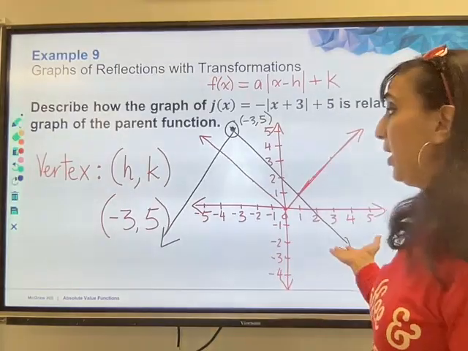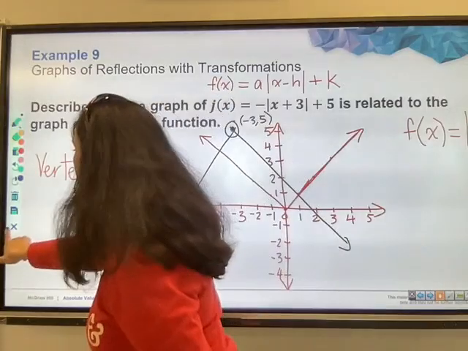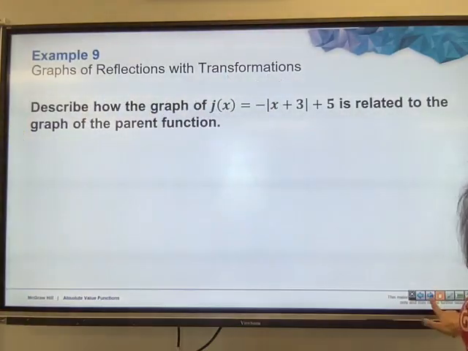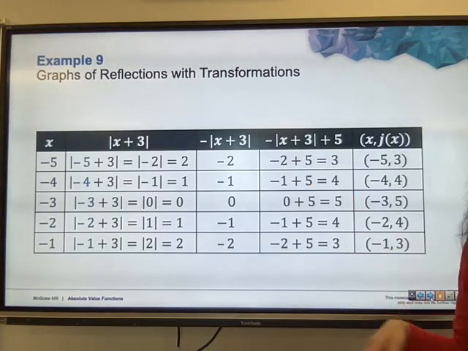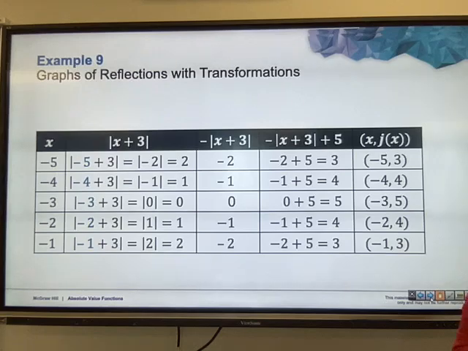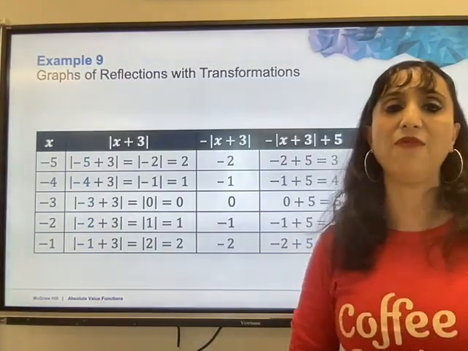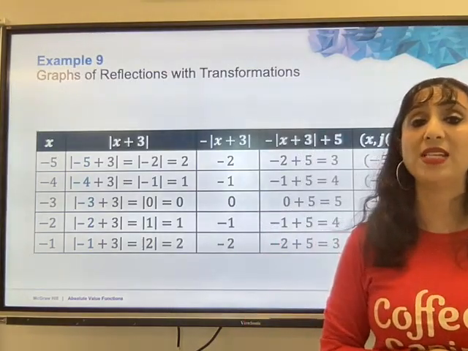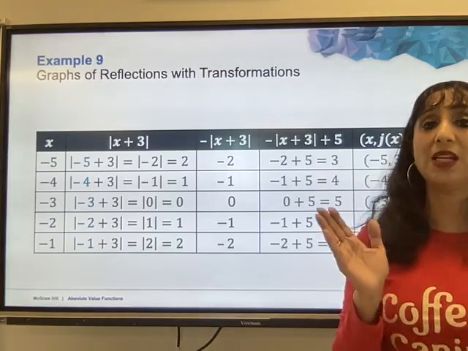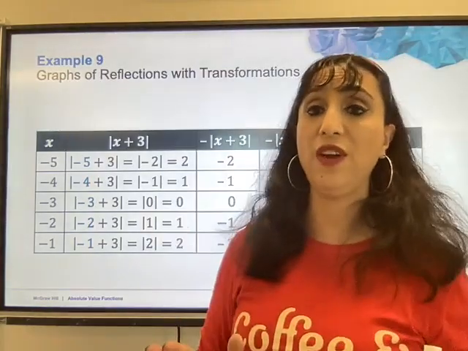Okay, so here you go. So here we go, same thing. You create the table first. You give your values to x: negative 5, negative 4, negative 3, negative 2, negative 1. We are going to evaluate everything within the absolute value of x plus 3 first.